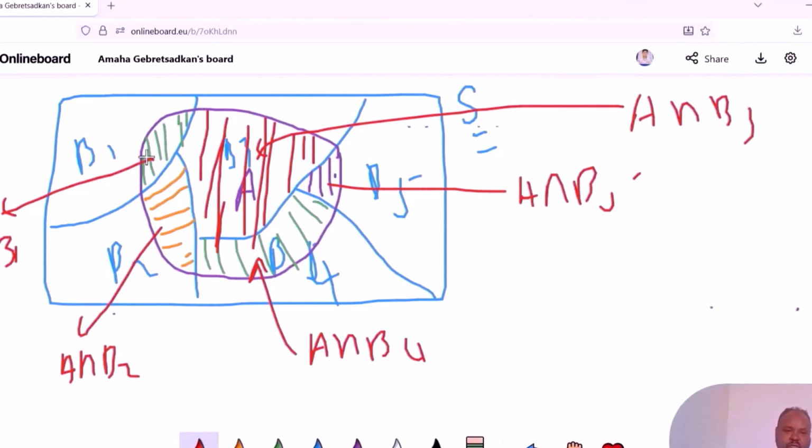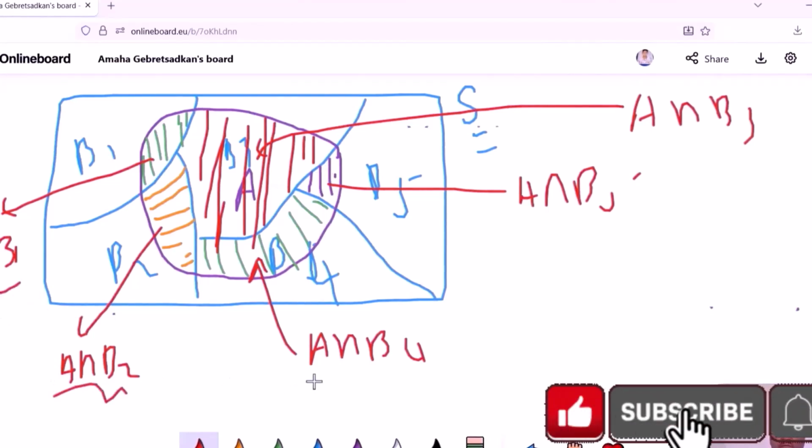This area which is shaded by the green pen is A intersection B1, where the circle as a whole is event A, which is denoted by A, which shares different areas from these partitions. Therefore, these partitions that share areas with A can be represented by these events, right?